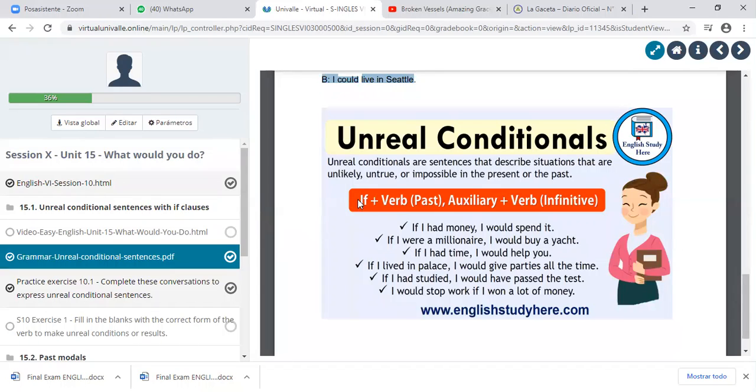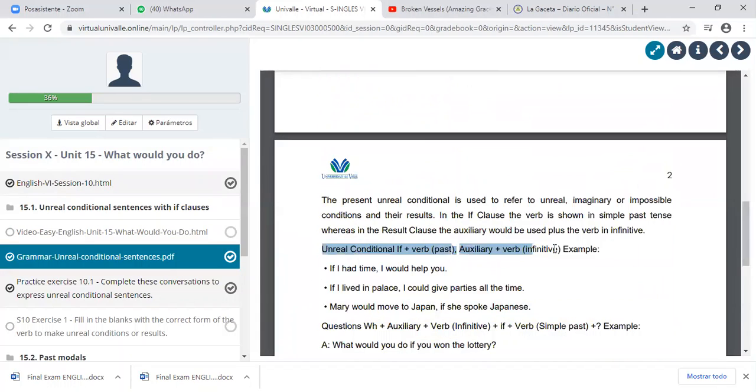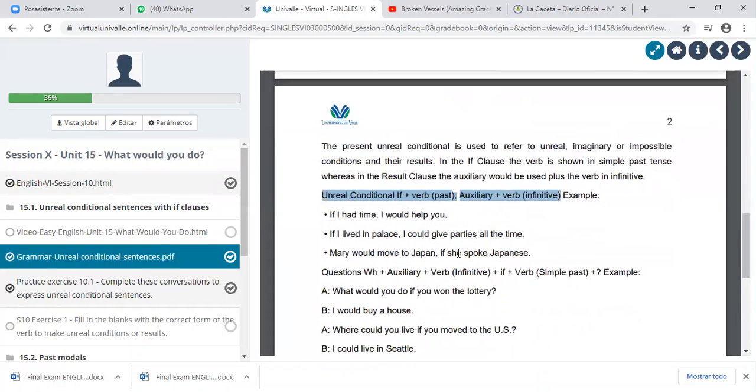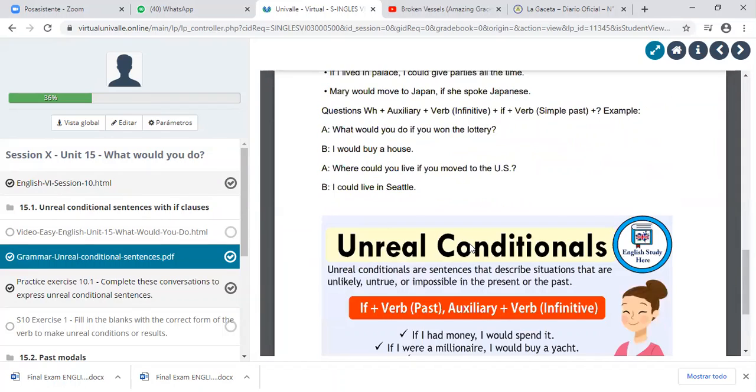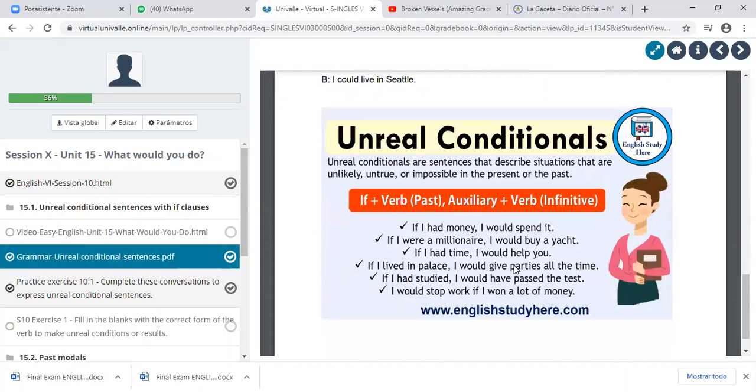Básicamente acá tenemos la estructura gramatical, muchachos. Esta que les estaba resaltando, para formar oraciones de manera afirmativa. Acá tenemos otra estructura gramatical para articular oraciones de manera interrogativa, ¿ok?